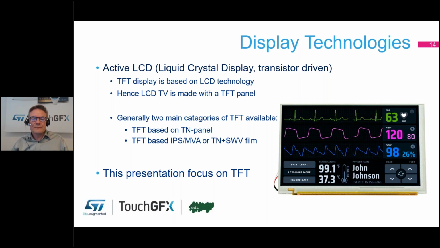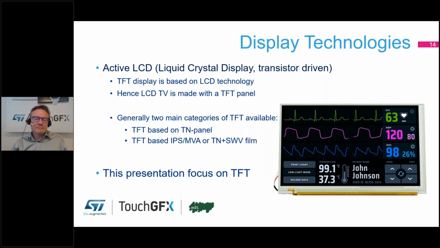But most of you, if you are not so familiar with that, will know from your supermarkets that you can buy LCD TVs. And in principle, a TFT panel is made with liquid crystals, hence the LCD, and it is transistor driven, so it's an active display technology.